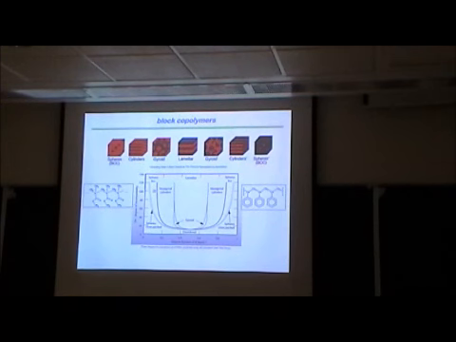Okay, so a general example of this is block copolymers, where you have this grafted molecule, in this case polystyrene. So you have a linear molecule, part of which is polystyrene.